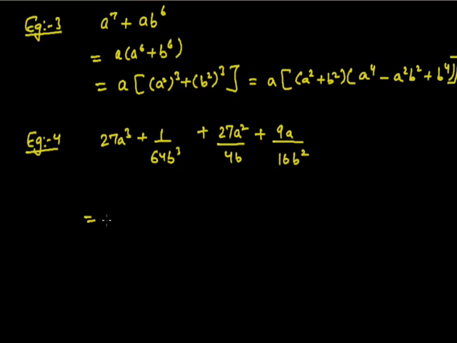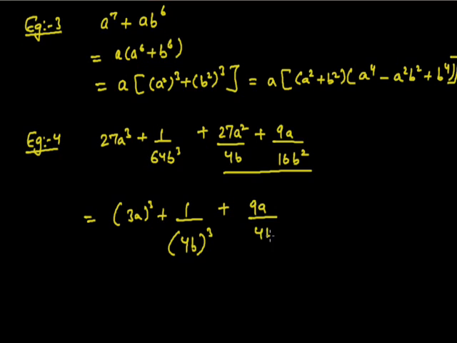We can write 27a cube as 3a whole cube, plus 1 by 64b cube as 1 by 4b whole cube, plus, among the last two terms we take the common term. The common term is 9a upon 4b. The remaining part is 3a plus 1 by 4b.